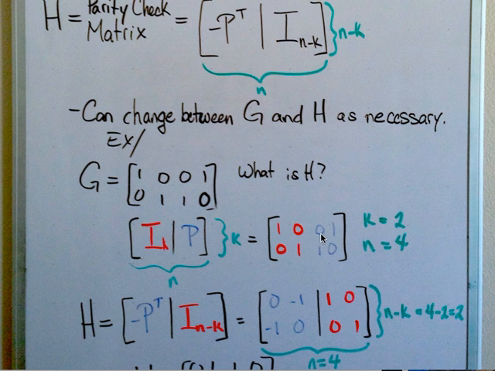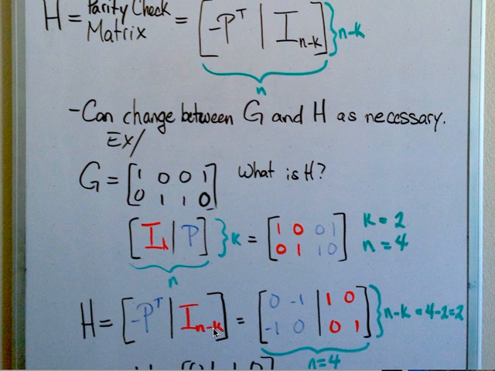So 0, 1, our row, would become 0, 1, a column. And I got that negative because this is negative here. And then our second row here in our P is 1, 0. Therefore, our second column will be 1, 0. And again, the negative just comes from the negative out front here.